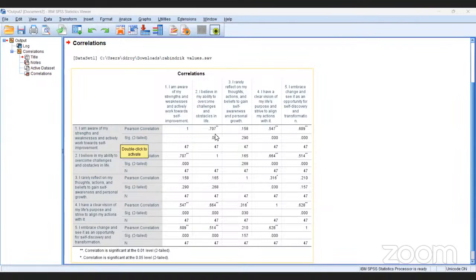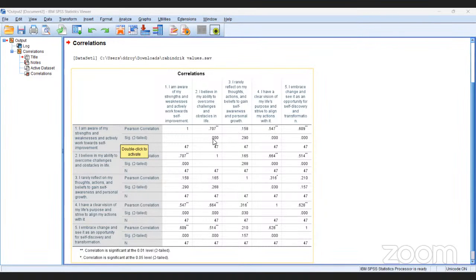And you have noted that item 1 and item 2 are highly correlated, 0.71, but it is not correlated with item number 3. This is not significant, but this is significant.